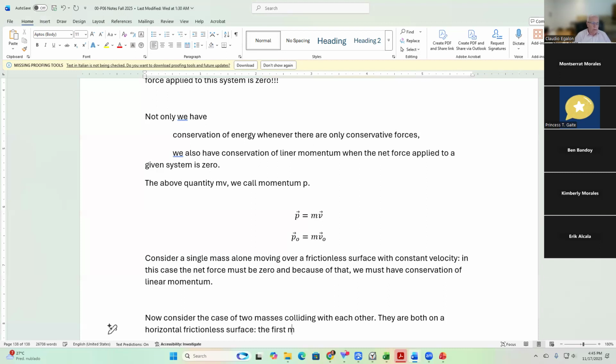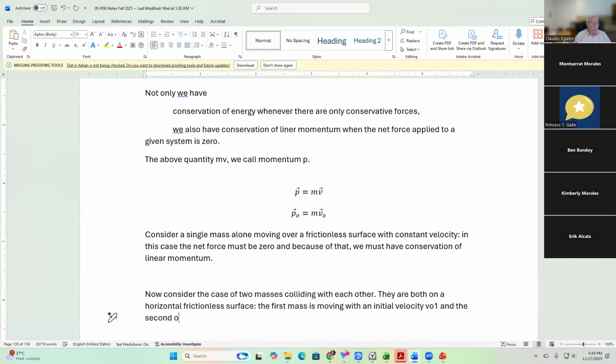The first mass is moving with the initial velocity V01, and the second one is initially at rest, right? V02 is equal to 0.